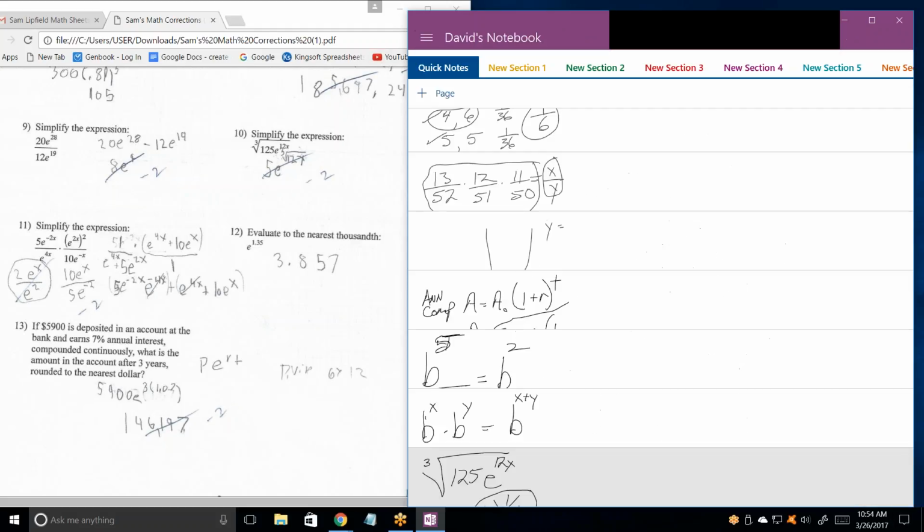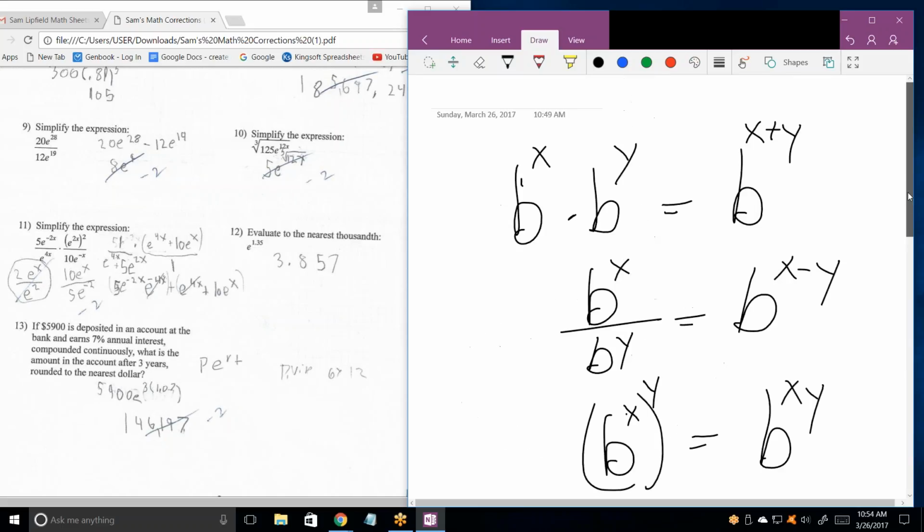Even in these 3 previous problems where I wrote those formulas, notice that the only way you can apply these rules of exponents is if the base is the same. In other words, if I have 2 to the 3rd times 5 to the 7th, that's not 10 to the 10th. I can't do anything with this.